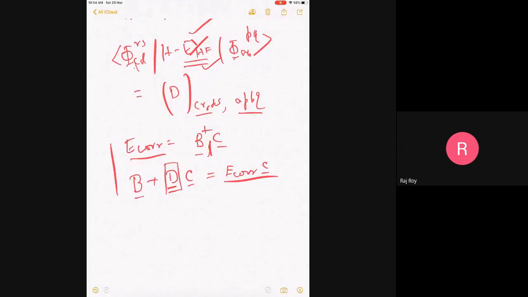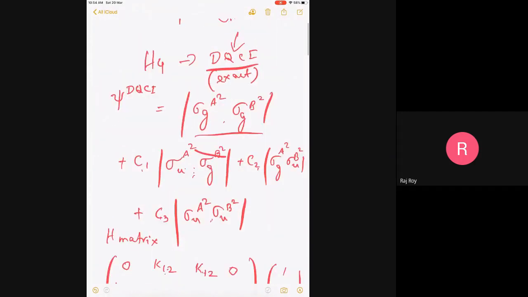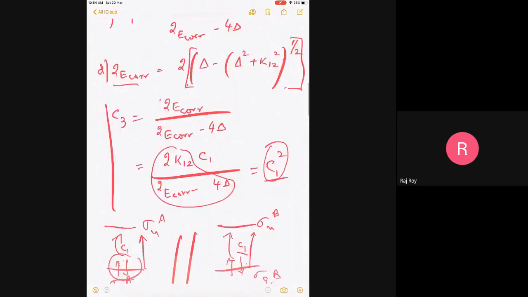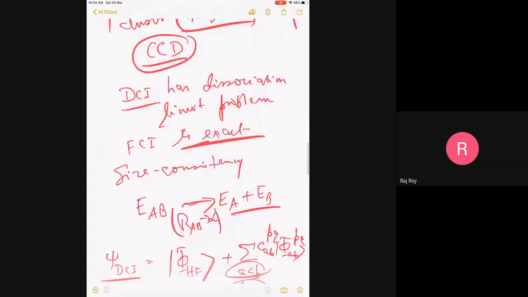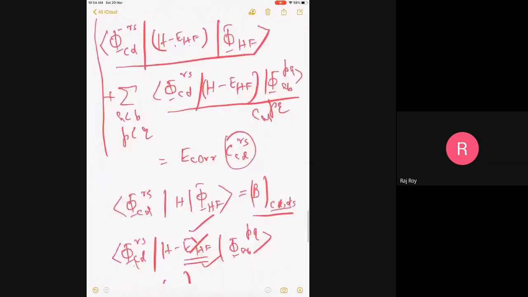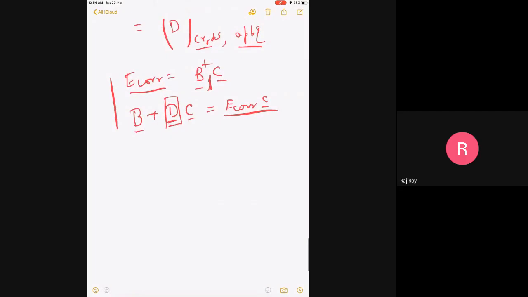You can actually generalize very easily, and this is exactly what we did for the dimer, because if I write it H2 dimer or H2 monomer, whatever you do, if you write it in a simple equation, it becomes 0, B dagger, B, D, 1, C equal to E correlation 1 C. So that's your DCI.